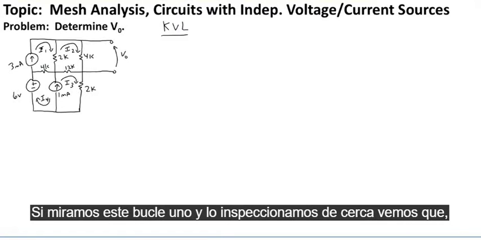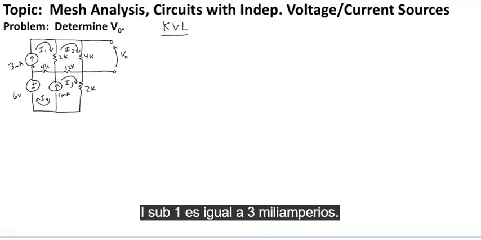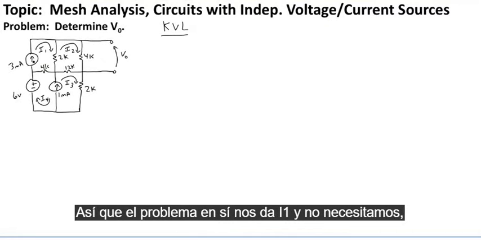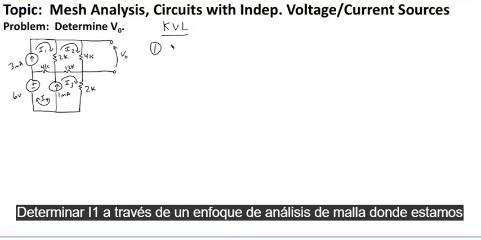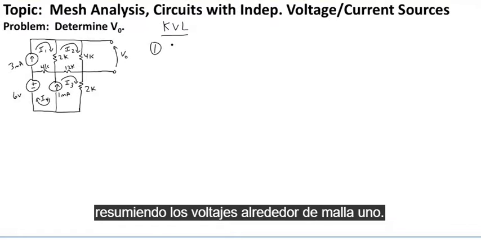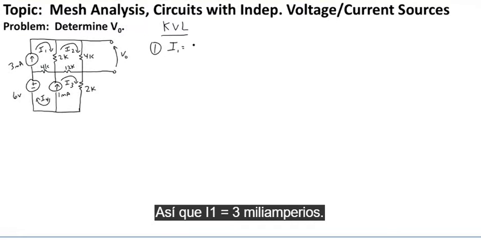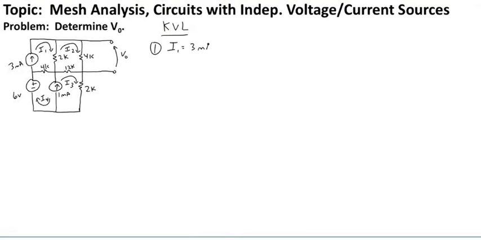If we look at this loop 1 and we inspect it closely, we see that I sub 1 is equal to 3 milliamps. So the problem itself gives us I1, and we don't need to determine I1 through a mesh analysis approach where we're summing up the voltages around mesh 1. So I1 is equal to 3 milliamps.